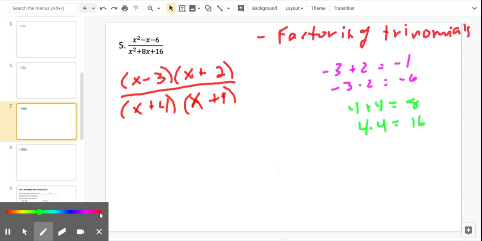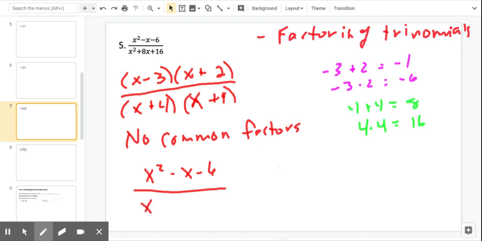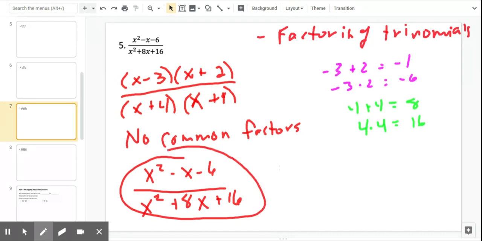So once we've done this, these have no common factors. If that happens, what that means is that this is already simplified. So our answer is actually just what we started with. This is the simplified rational function.